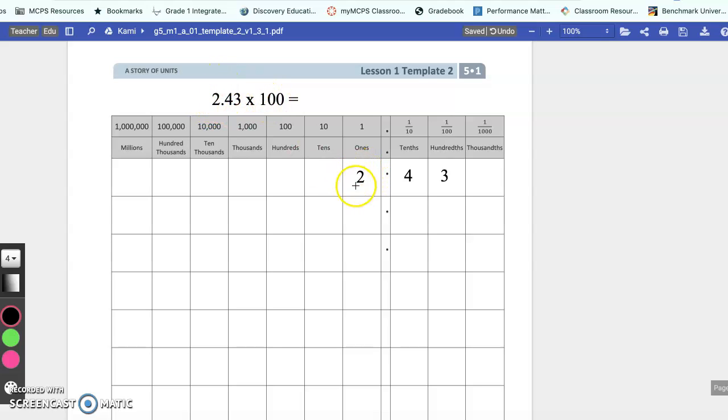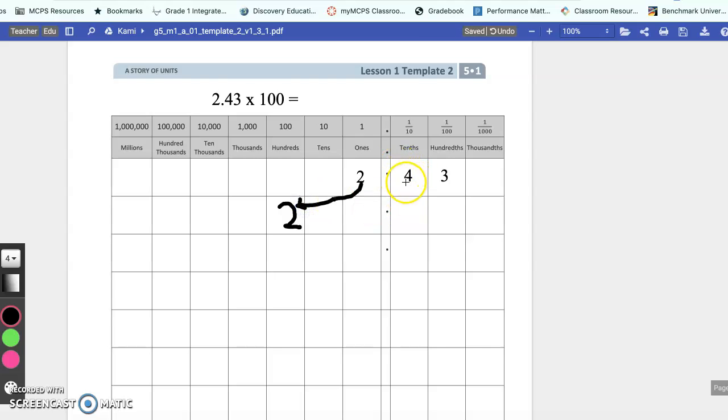So if we think about our 2 ones, we know that 2 times 100 is 200, or 2 hundreds. My 2 has now moved over 2 place values.